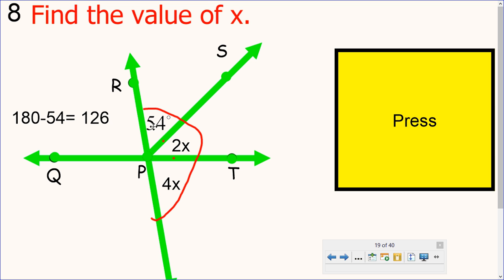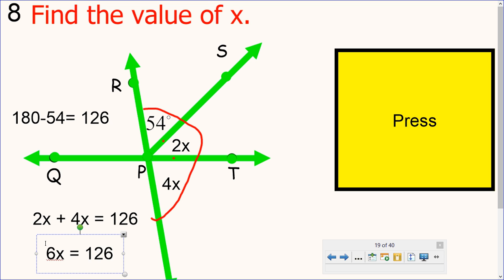So I know he has 54 degrees out of the 180, and he has 2x and he has 4x. So let me combine them. 2x plus 4x is going to equal 126, because that's what's left for these two guys. Well, 2x plus 4x is 6x, and that equals 126.